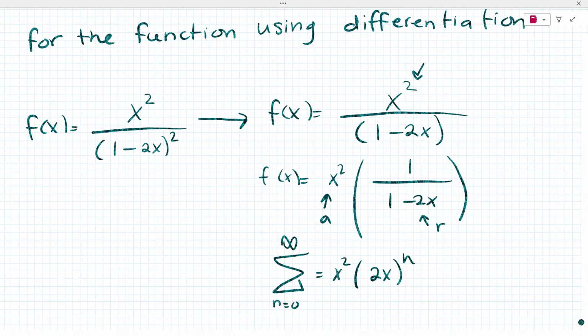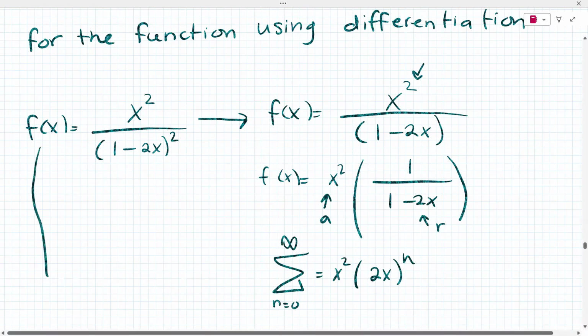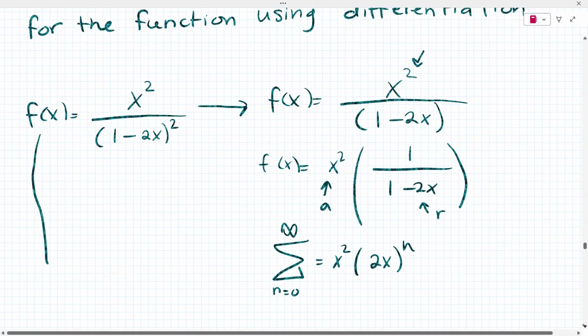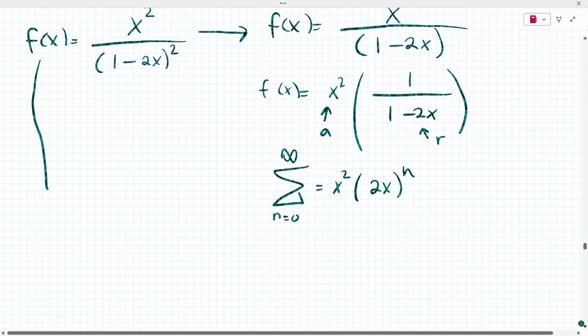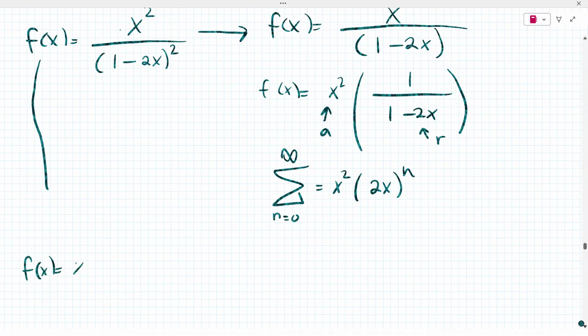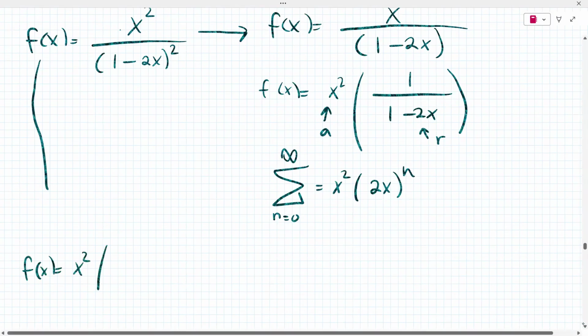Okay, now let's do this part right here. Let's make this x squared into a 1. So what we'll do is we write it as x squared times 1 over (1 minus 2x) squared. And then the base form is this.